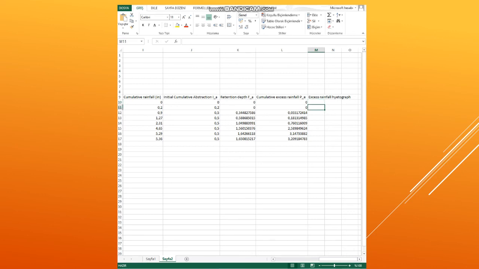So it's gonna be 0 and where we are gonna find this one. Okay, it's gonna be equal to this guy minus this guy, and then let's scroll down. So this is our excess rainfall hydrograph, and we already solved this question as well, and we are done.